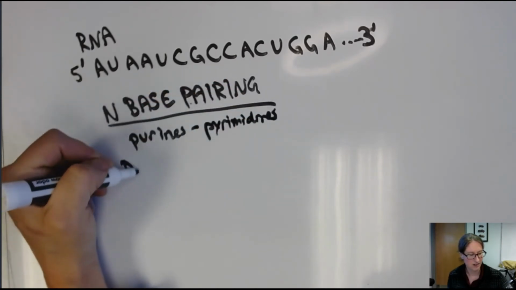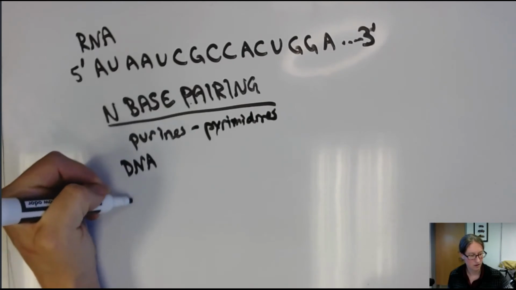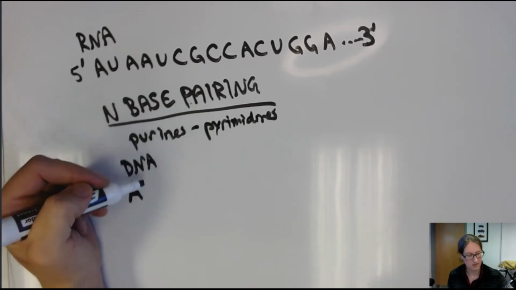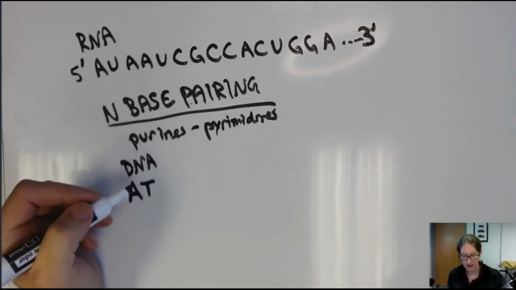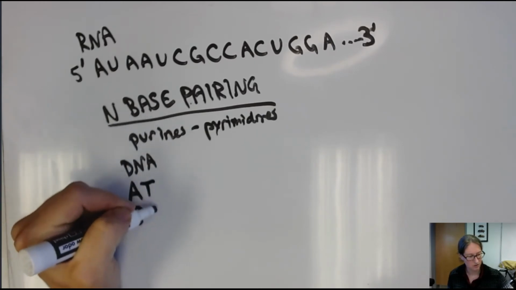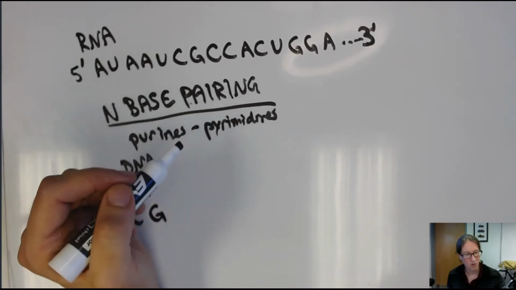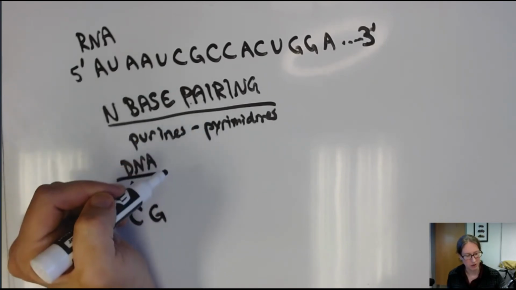And so for DNA, A pairs with T, and C pairs with G. Okay? And then this is going to show up down the road.